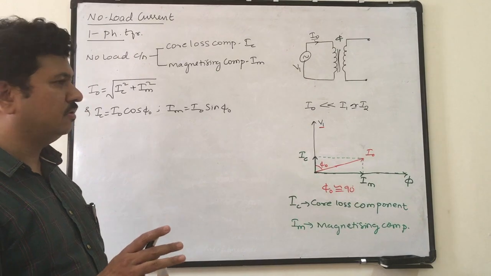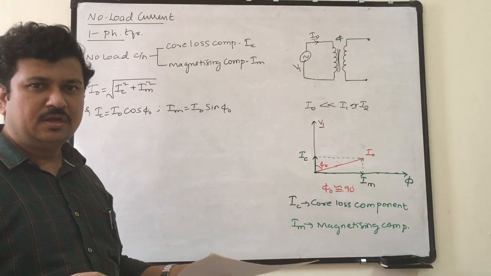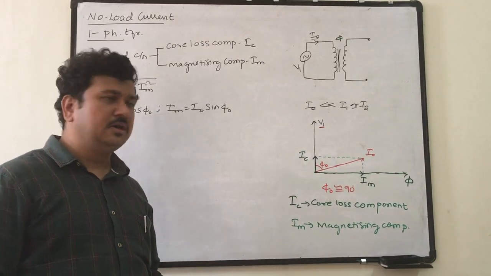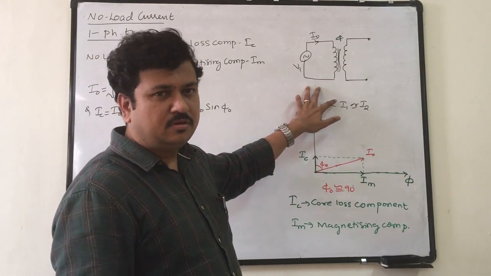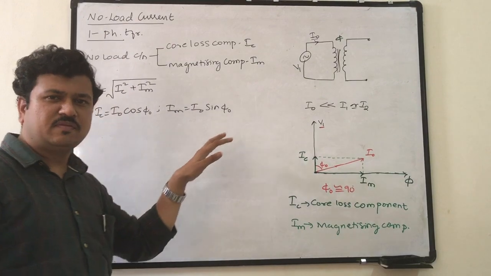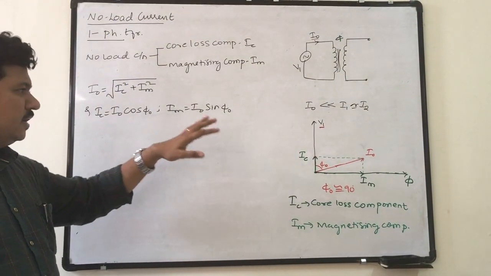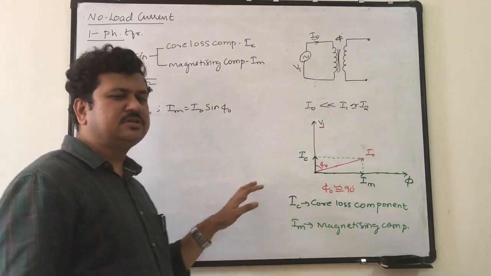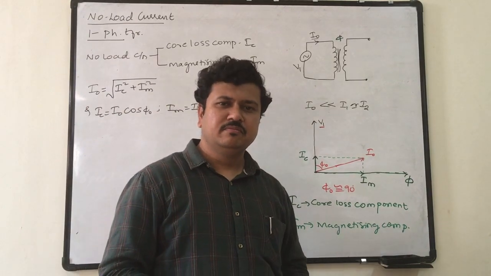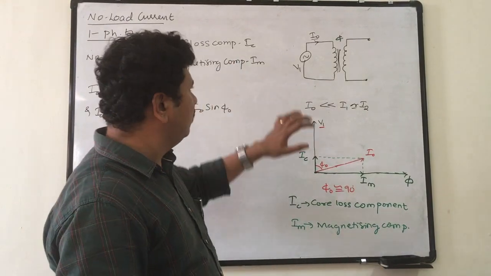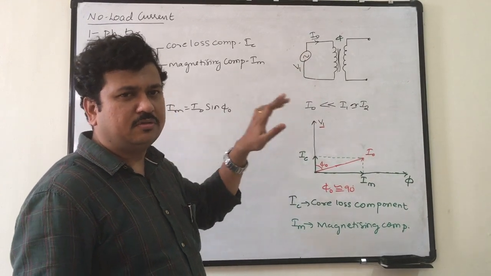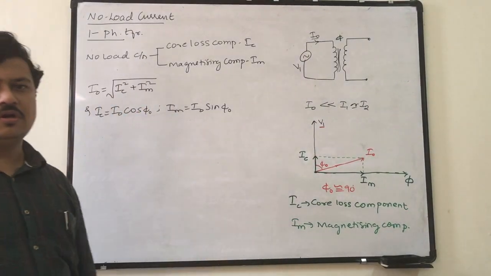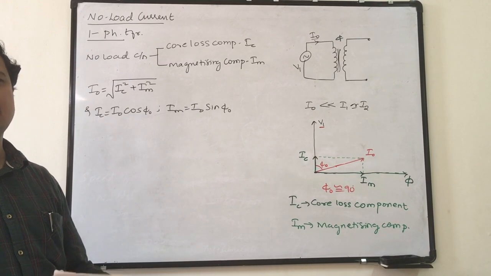In some cases no load copper losses can be neglected, in some cases it cannot be neglected. In an induction machine I cannot neglect no load copper losses. Though it operates on the same principle as that of transformers, and the vector diagrams and equivalent circuits are similar to each other, like I neglect no load copper loss in a transformer, I cannot neglect no load copper loss in an induction motor, because an induction motor draws more than 50% of the full load current at no load condition.